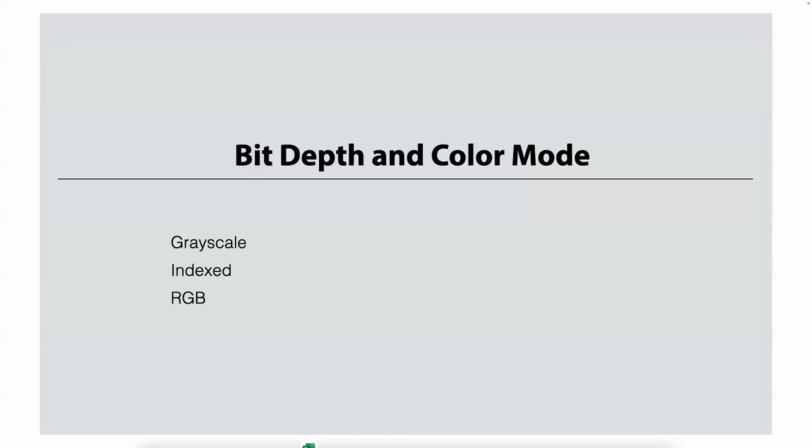Okay, so indexed is basically for GIF. And then there's RGB, which is the 3 channels. There are other color modes, but these are the ones that we will be working with.